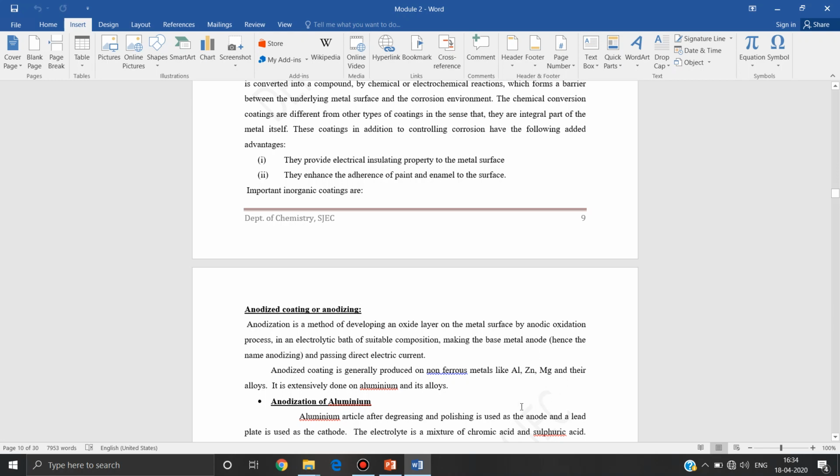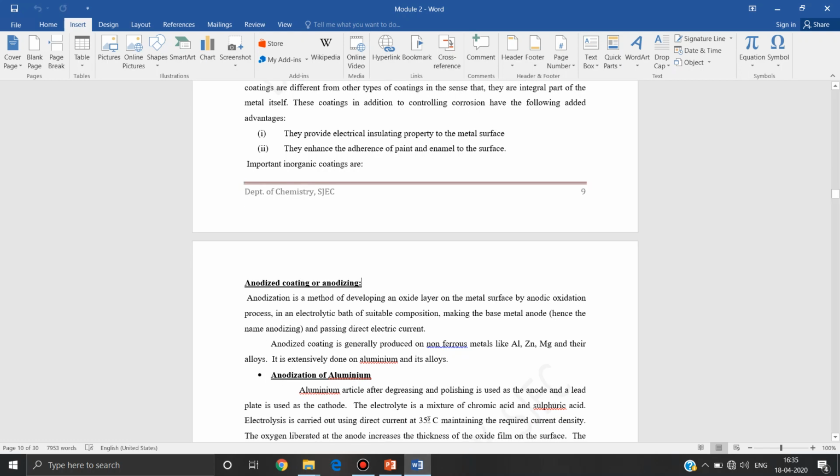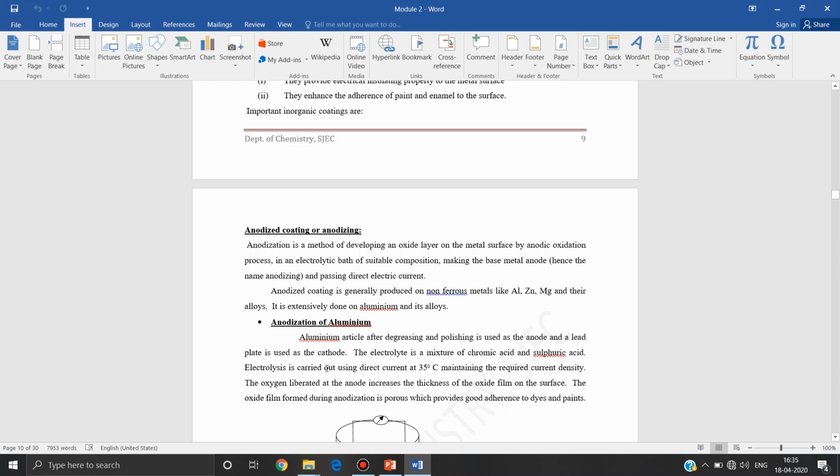Usually lead will be taken as cathode, and this anodization will be done only to non-ferrous metals like aluminium, zinc, magnesium, etc. So here aluminium will be taken as anode and lead as cathode, and the electrolyte is a mixture of chromic acid and sulfuric acid. So electrolysis will be done at a temperature of 30 degrees Celsius.